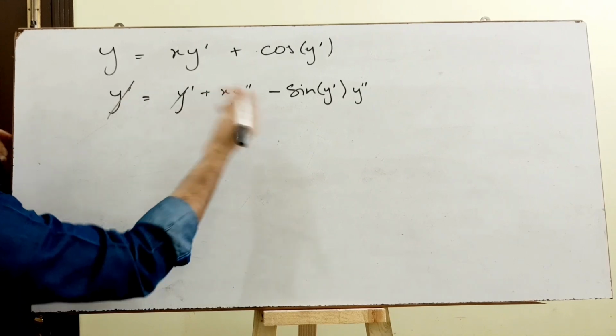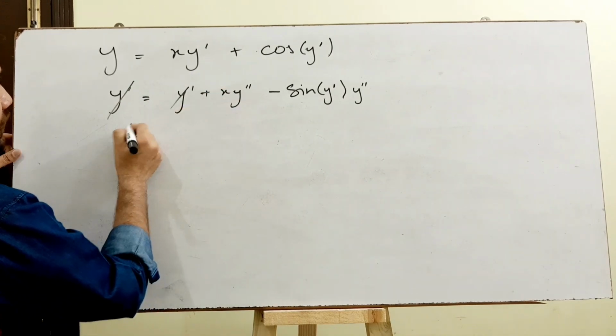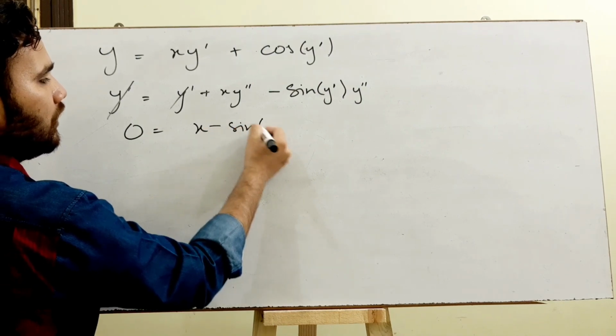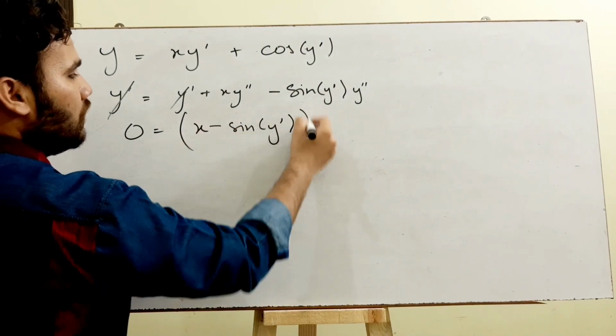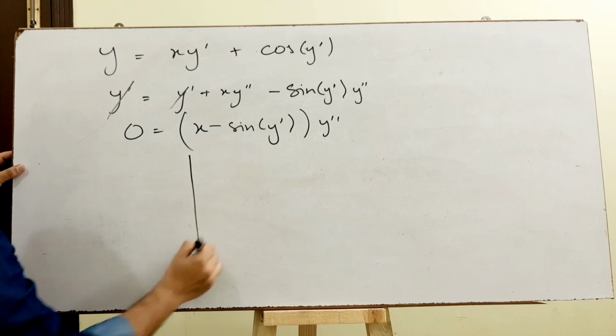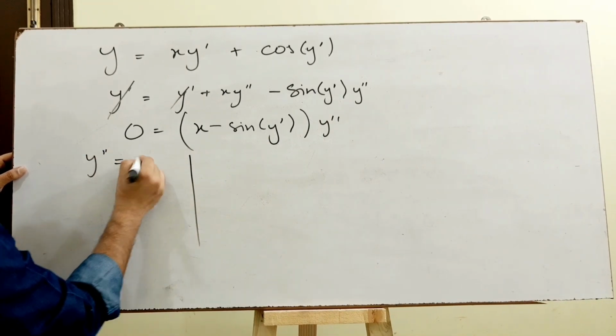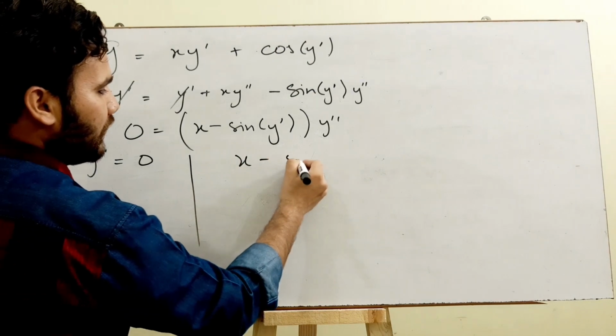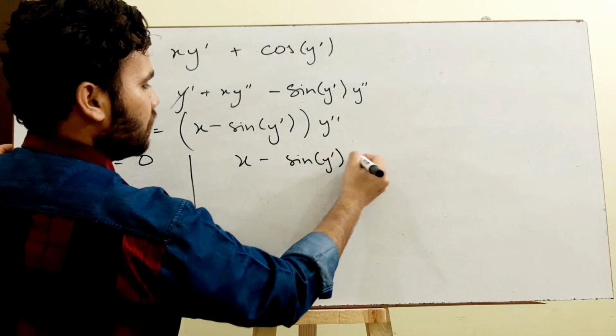Again y prime cancels out from both sides, and here we have x minus sine y prime, whole times y double prime. So y double prime equals 0, and x minus sine y prime equals 0.